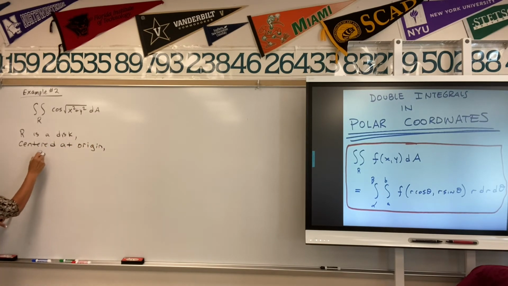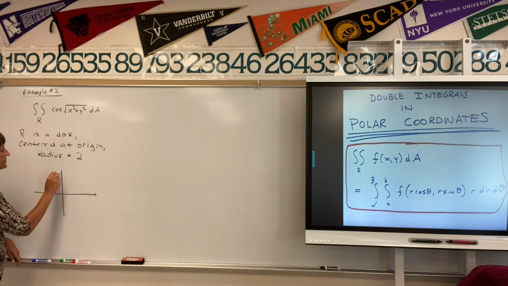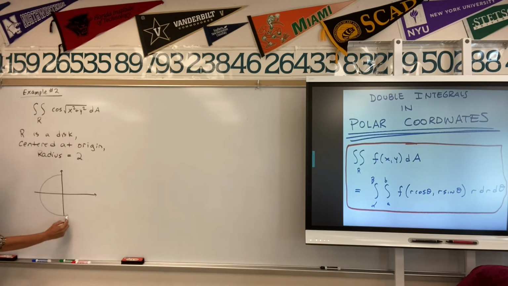Let me go ahead and sketch the base. It's a disk, which means it's the entire circle. R is a disk centered at the origin, and the radius is 2. It's the whole thing.